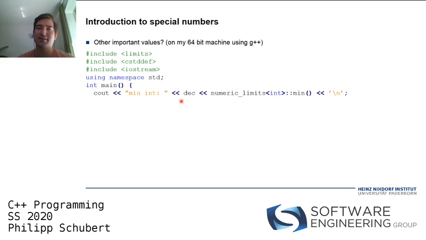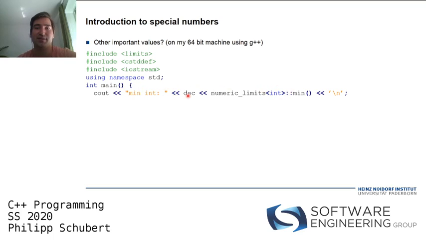Here you can ask for the minimal number that you can fit into an integer type. How it works is you have that special numeric_limits type. This is actually a type, and you give it as a template parameter the type that you are interested in, for instance here int, and then you call the member function min, and it gives you the minimal value that can be stored in an ordinary integer.